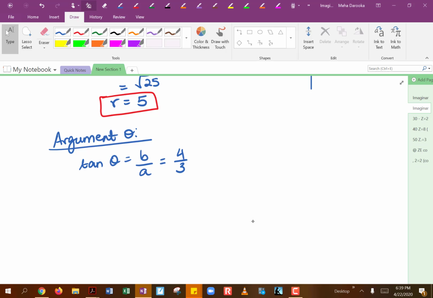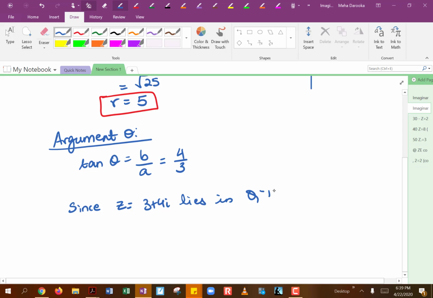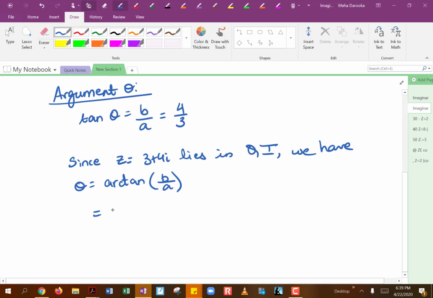Okay, so again, since our z value lies in quadrant 1, we will just use theta as being arctangent of b over a. So of course that will be, in our case, arctangent of 4 over 3.